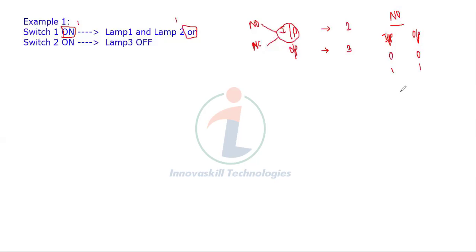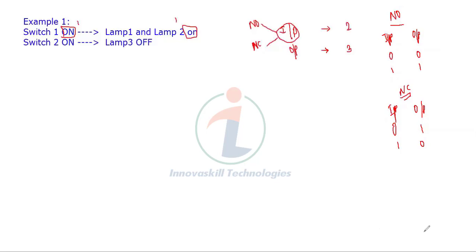And for NC, if input is off, output should be on, and if input is on, output should be deactivated. So this is the logic for both NO as well as NC.